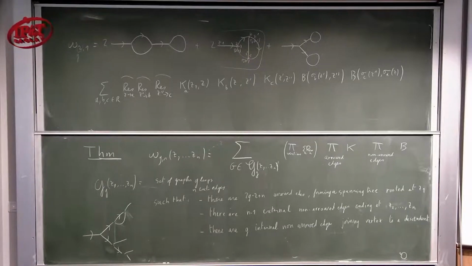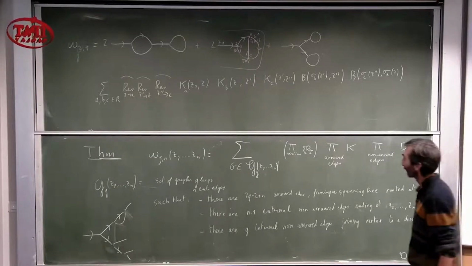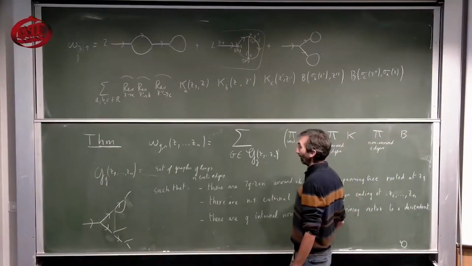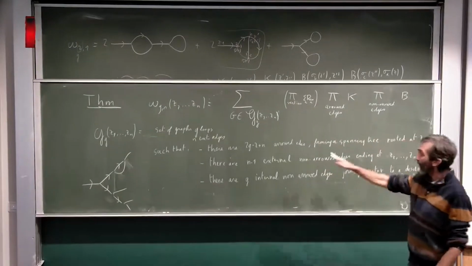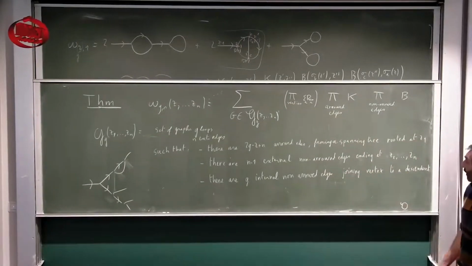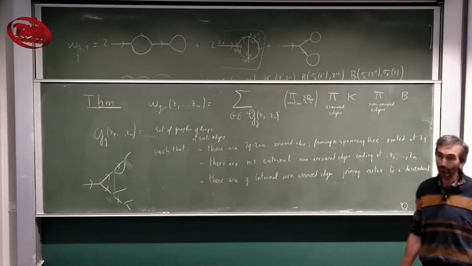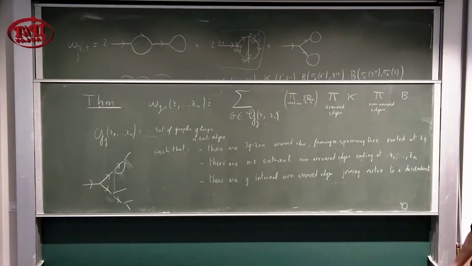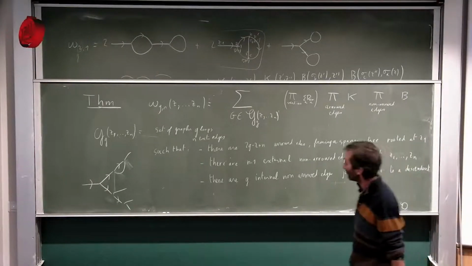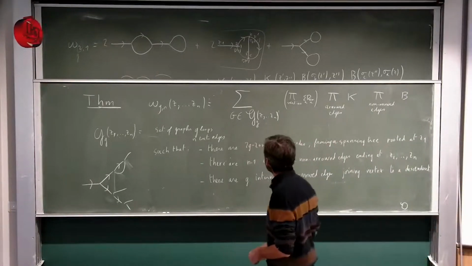The loops can never go from one branch to another branch. It's implied by the recursive construction. And if we take all such graphs, these are exactly the graphs that contribute. And in fact, graphs have symmetry factors, and symmetry factors are always powers of 2. But you can just put all of them.